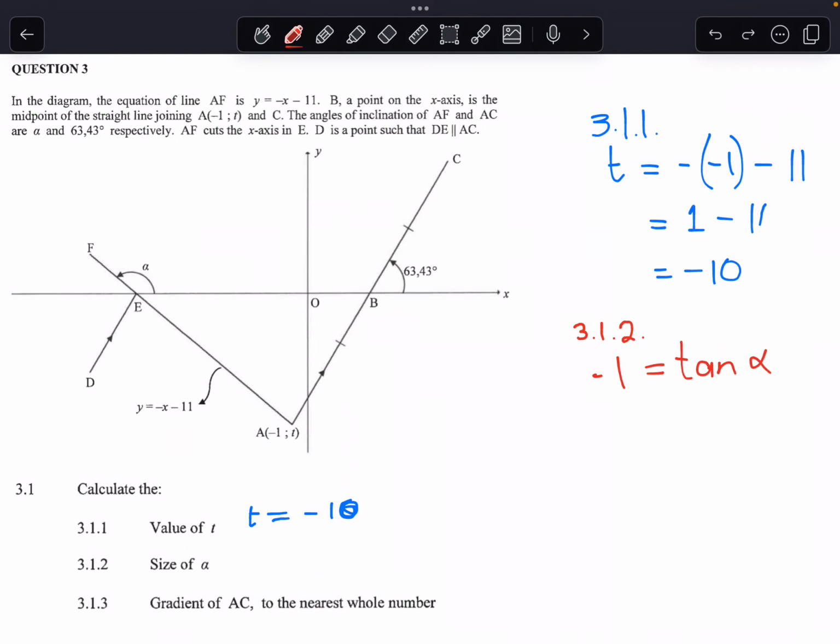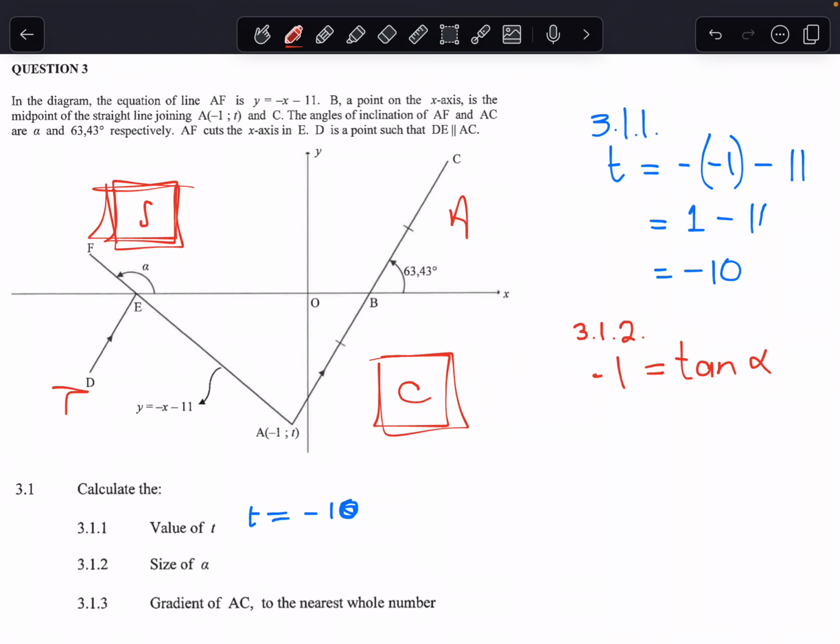Remember good old CAST. We know that tan is negative in the fourth quadrant and in the second quadrant, and we actually want the angle that is in the second quadrant.